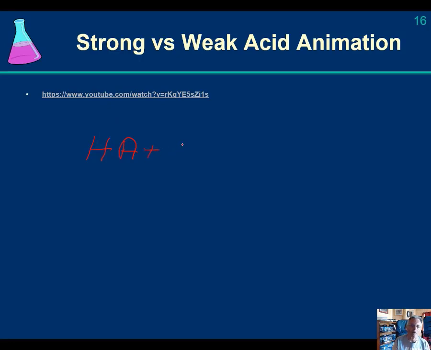So when I add my acid to H2O, here's what happens. The H2O is going to accept that proton, and it's going to form a molecular ion called hydronium ion.